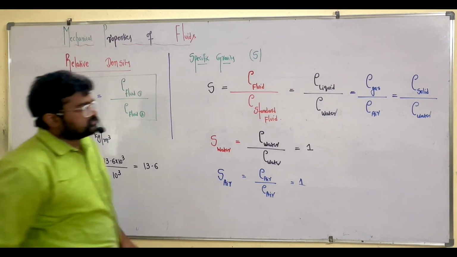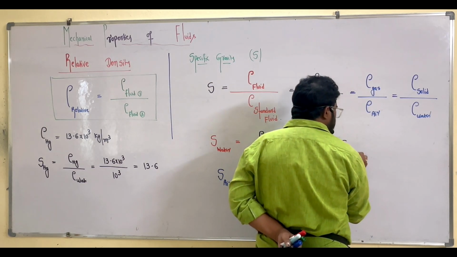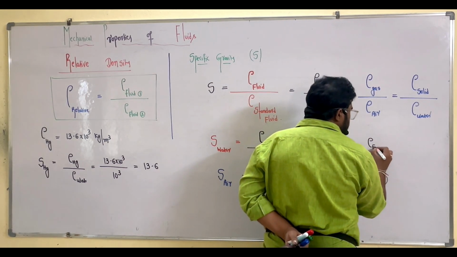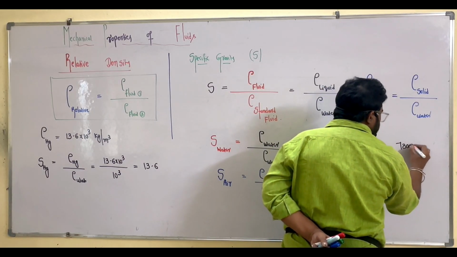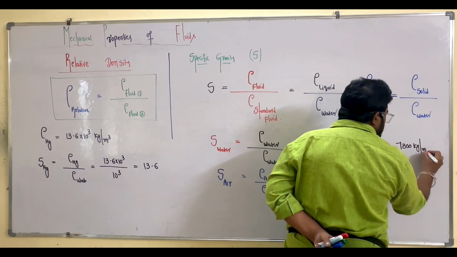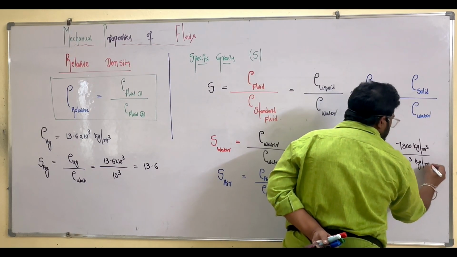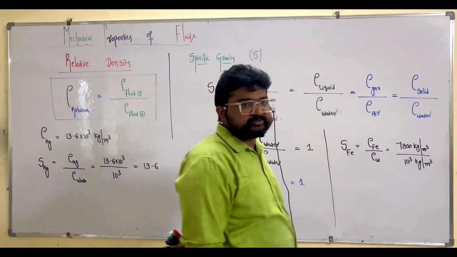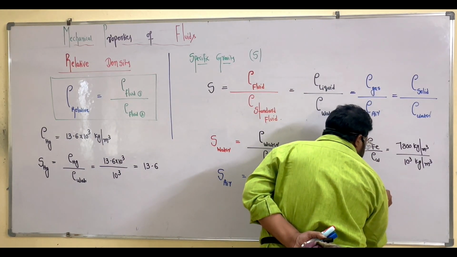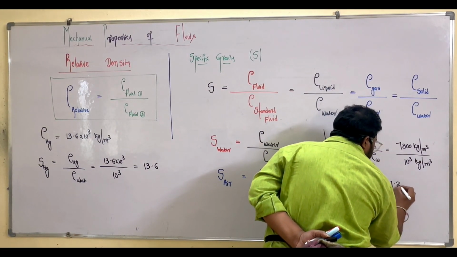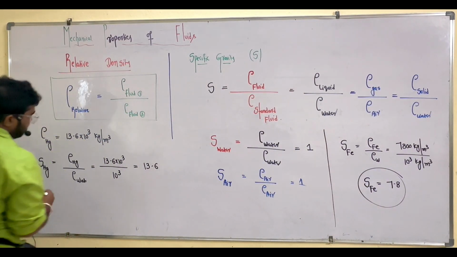What is the specific gravity of iron? Density of the iron by density of the water, 7,800 kg per meter cube by 10 cube kg per meter cube. No units for specific gravity. So here you will get specific gravity of iron as 7.8.